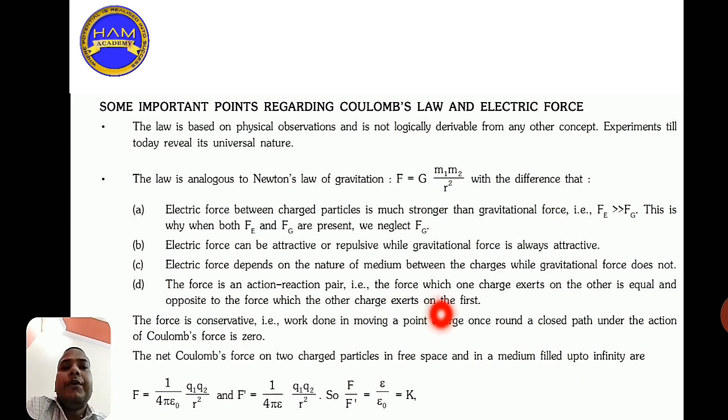So when we divide both equations, we get F upon F dash is equal to epsilon upon epsilon naught, that means K. So this is the value of K. K is the dielectric constant, also the ratio of the force in air to the force in the medium.